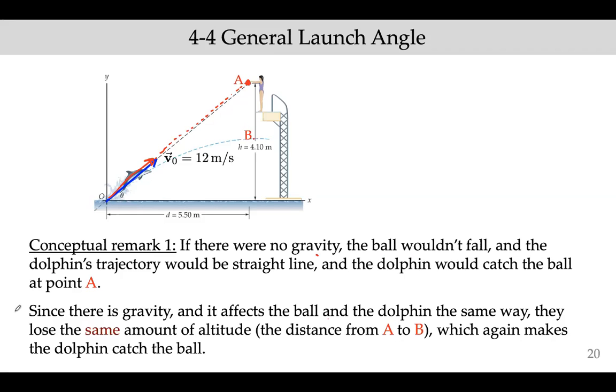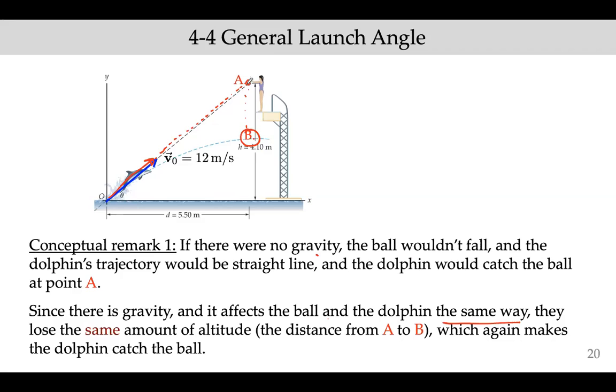Now, since there's gravity in reality, and it affects the ball and the dolphin in the same way, they lose the same amount of altitude, the distance from A to B. So you can imagine that in the case of zero gravity, the dolphin would reach here, but because of gravity, the dolphin loses some altitude and ends up here. And that's the same for the ball.